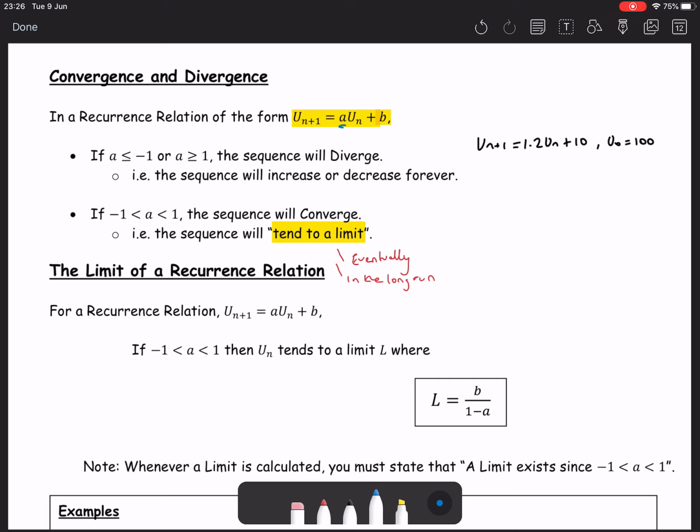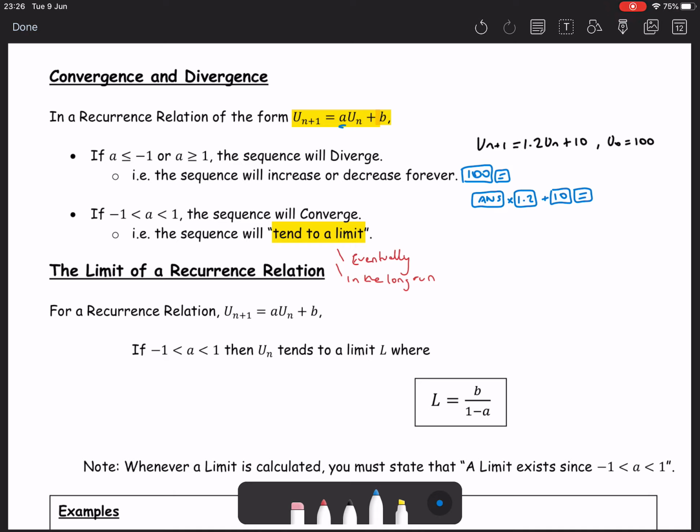I would put in 100 equals, that gets my starting value within my calculator, and then I want my answer times 1.2 plus 10 equals.